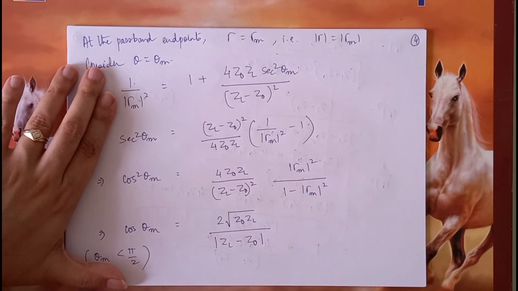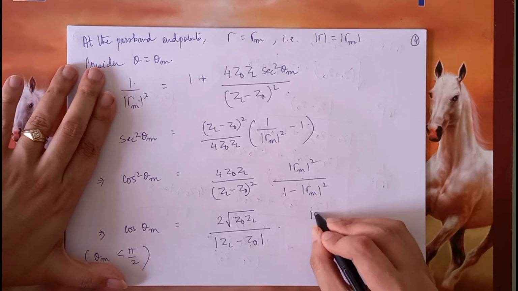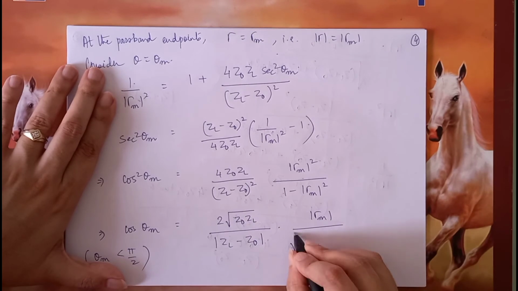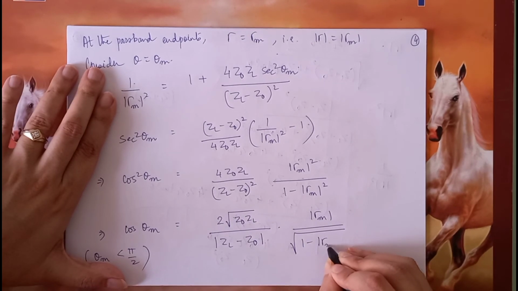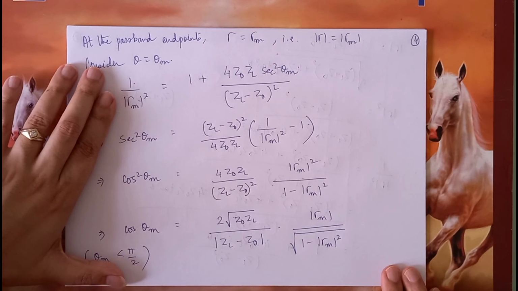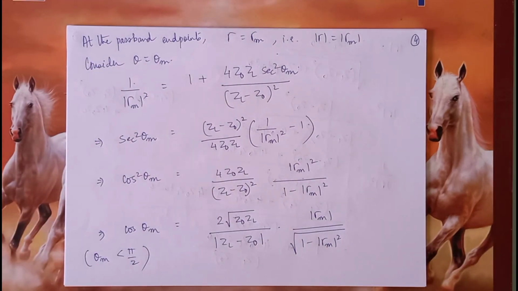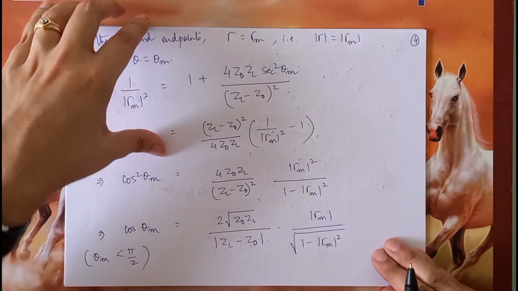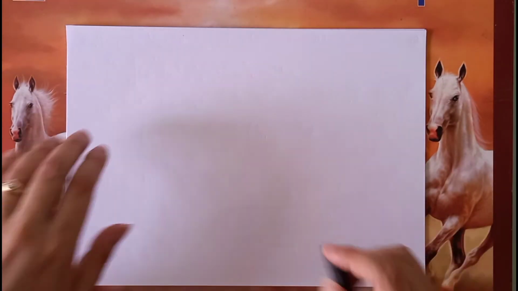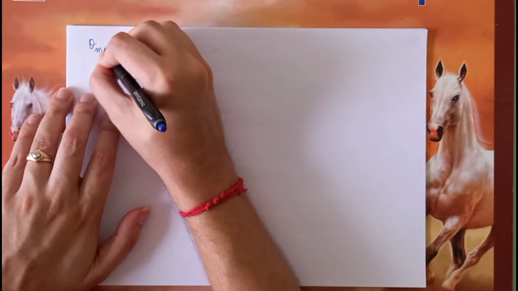And this term is anyway positive, so therefore this will be gamma m, the root of this, divided by root of 1 minus mod gamma m square. So this is cos theta m. So therefore theta m will be what?